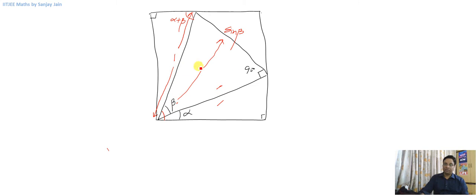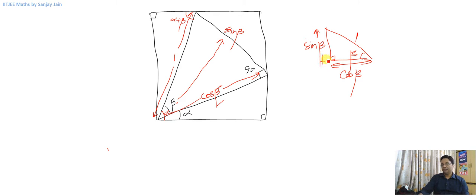So the side opposite to beta will be sine beta and this side here will be cos beta. We have discussed these triangles in our previous lectures: if this angle is beta and the hypotenuse is 1 unit, then the adjacent side will be cos beta, and the side opposite angle beta will be sine beta.